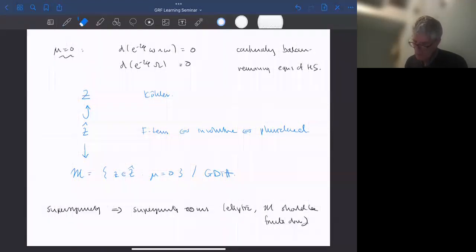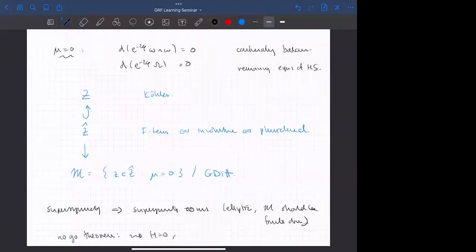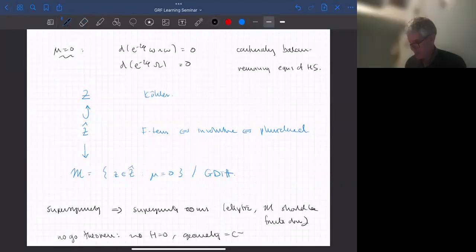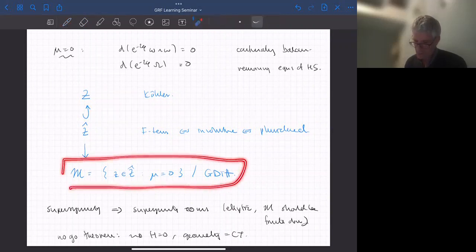But actually in this case, if I turn off the gauge fields, there's also a no-go theorem which says that we must have H equals 0 and the geometry is just Calabi-Yau. So in that case, this procedure must put us just on Calabi-Yau geometries.